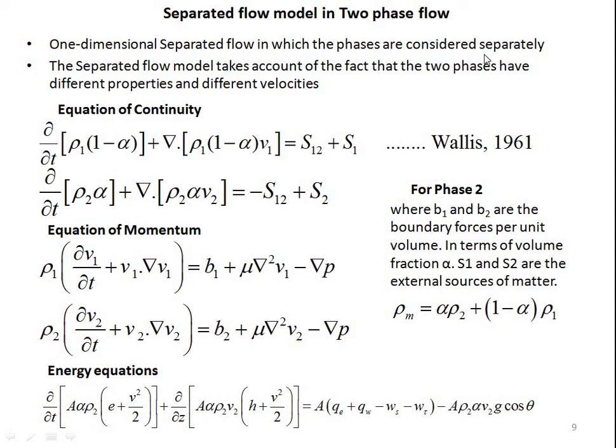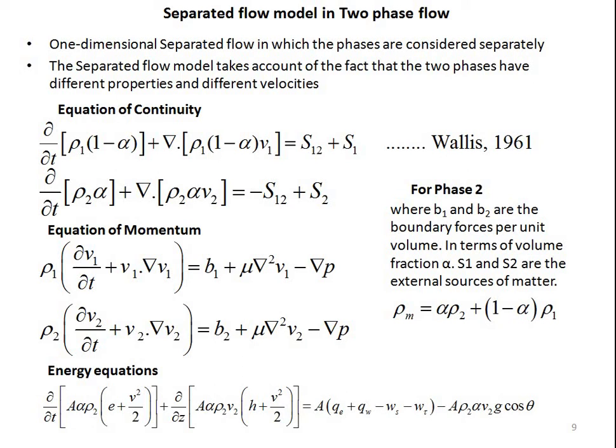It takes account of the fact that the two phases have different properties and different velocities. Phase 1 and phase 2 are immiscible phases, and both have different velocities with respect to each other. There is a slip between those phases, or a drift velocity between them, to be precise.